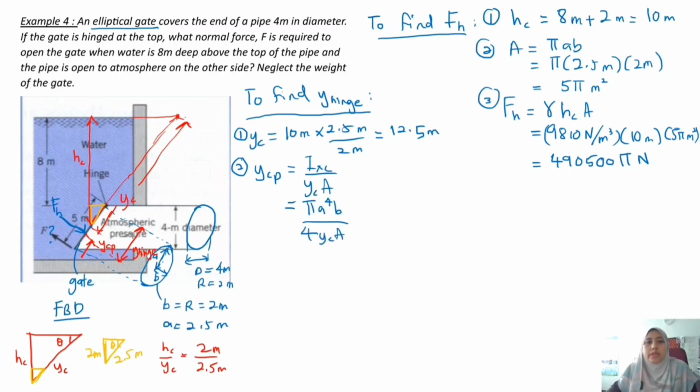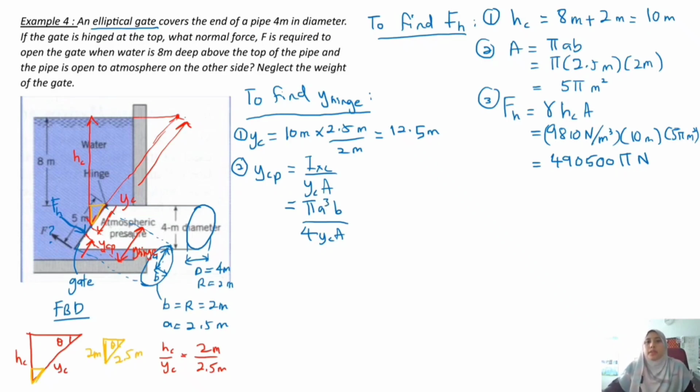However, this formula is wrong because at the end you should get meter power of 4. If you check with other textbooks, it should be pi A power of 3. It's not that the textbook is wrong, it's just that the slide is wrong. Okay, it's power of 3 here.